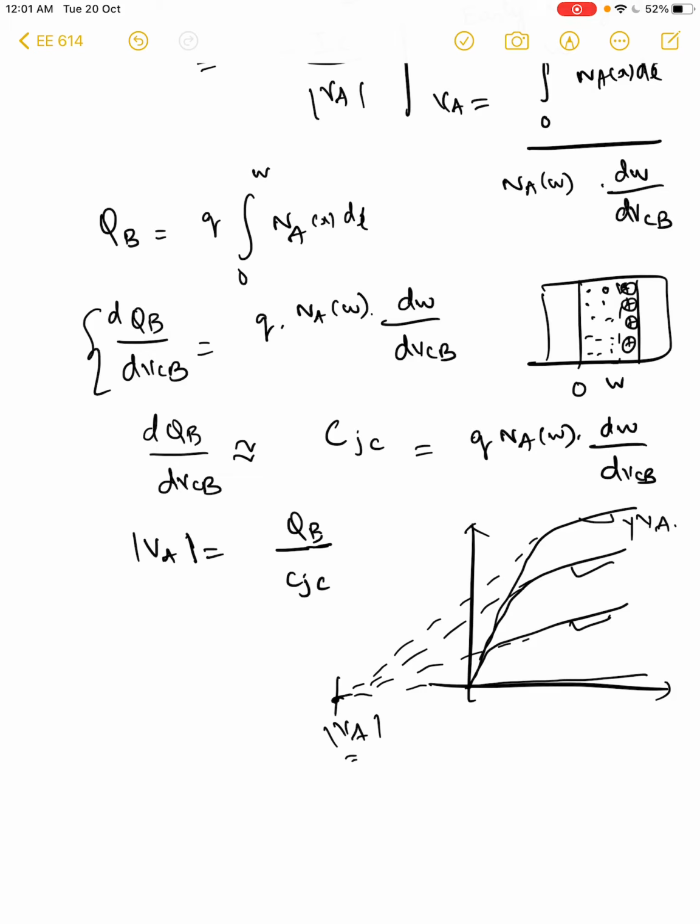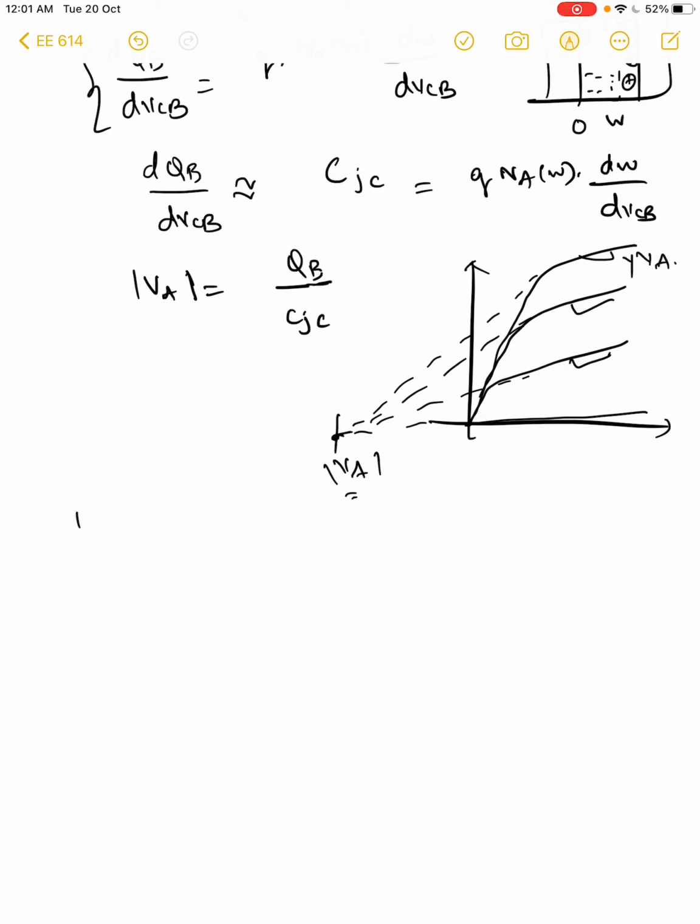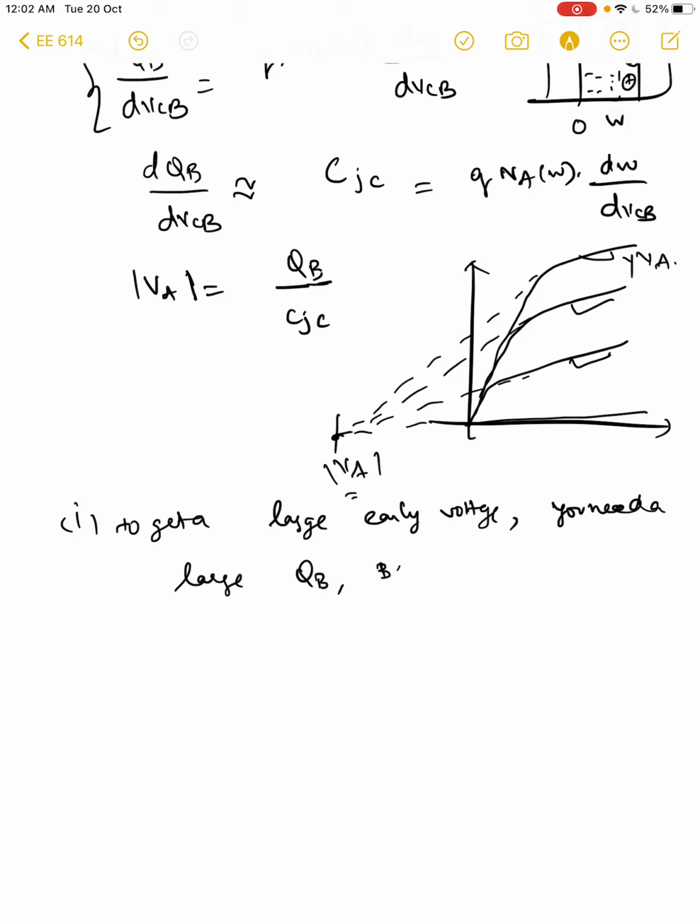So you have to increase the total dopant concentration in the base to get a very large Early voltage. To get a large Early voltage, you need a large QB or base doping density.